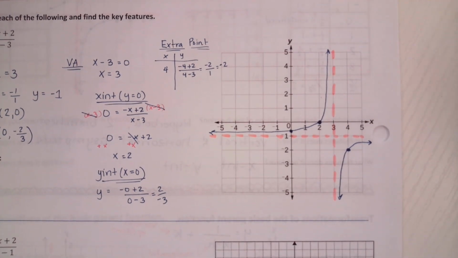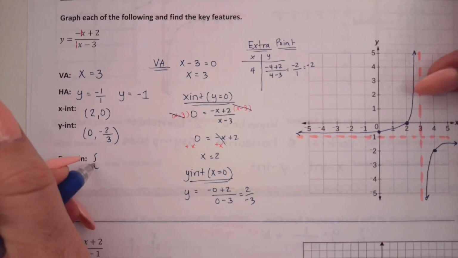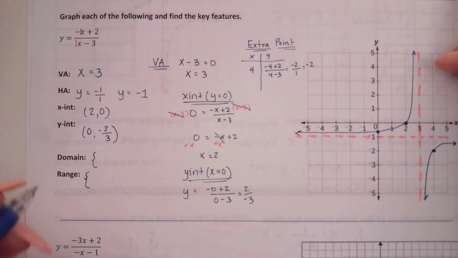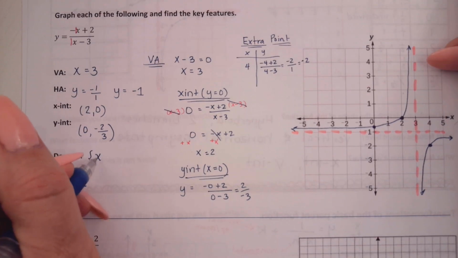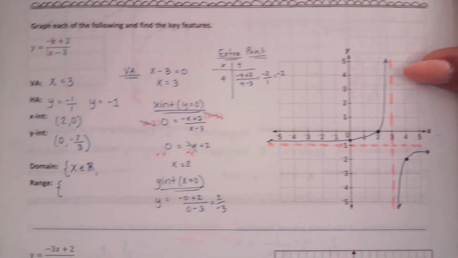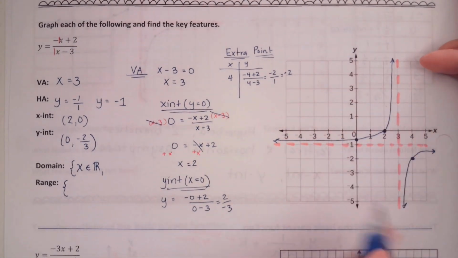And then filling in our domain and range, we know it's every single x and y except for just one particular one. So my domain is going to be every real number except for which x value? 3, right? 3 is the only number that's not in the domain.